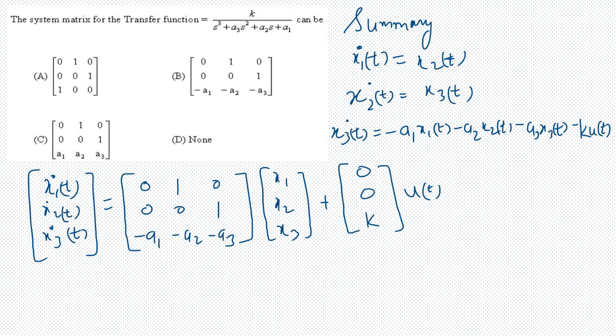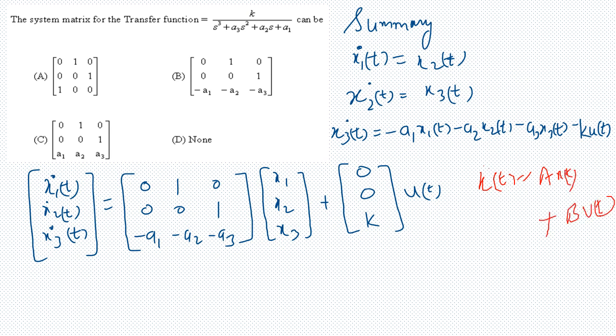Now we can summarize: x1 dot of t is equal to x2 of t, x2 dot of t is equal to x3 of t, and x3 dot of t is equal to minus a1 x1 of t minus a2 x2 of t minus a3 x3 of t plus k u of t. Once we get this, we are getting to the form that we earlier discussed, that is x dot of t is equal to A x of t plus B u of t.